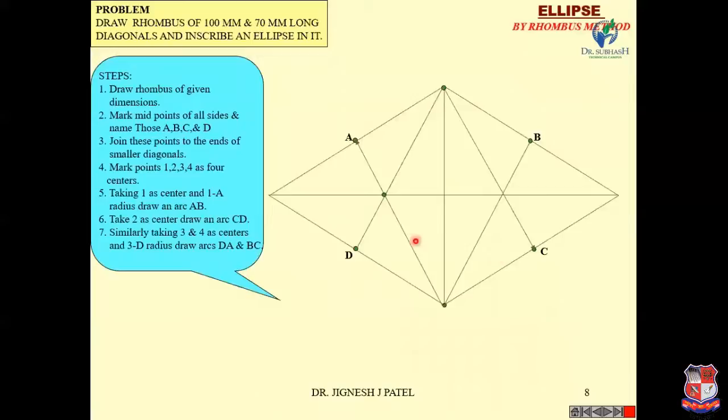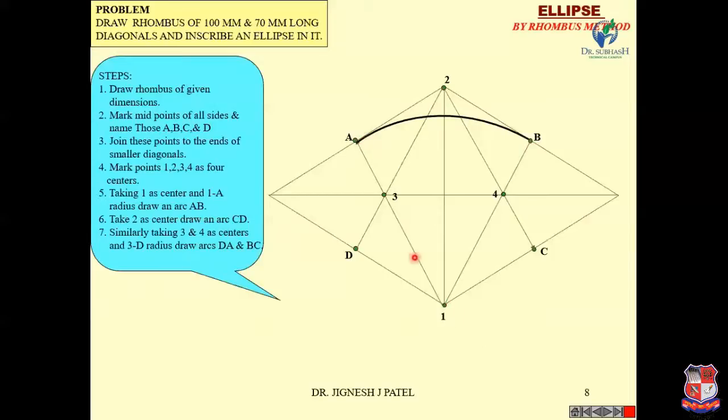Now these intersection points are 1, 2, 3, and 4. Now with 1 as center and radius equal to 1A, draw one arc.